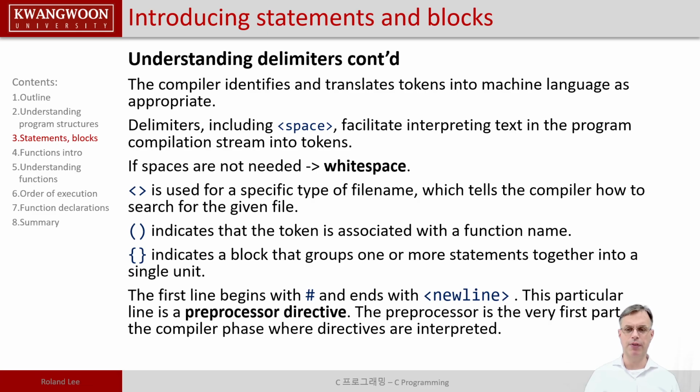The preprocessor is the very first part of the compiler phase where directives are interpreted. In this case, the file name stdio.h is searched and inserted into the program compilation stream, or included, just as if the file had been typed into our program.